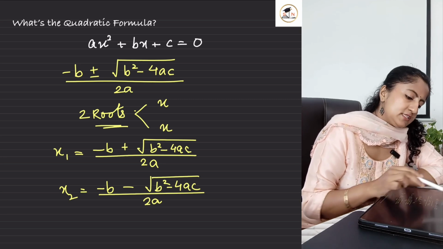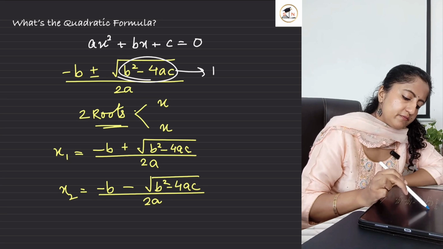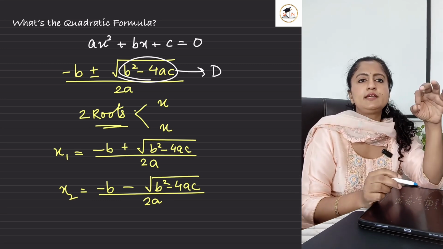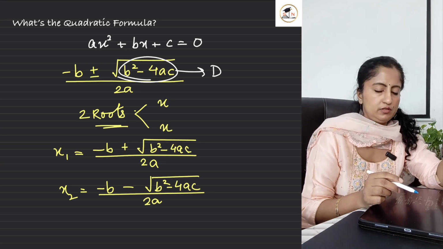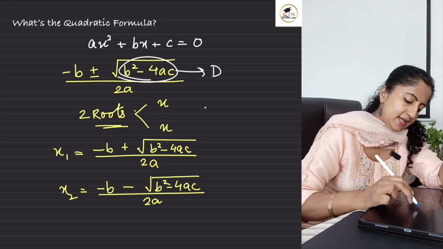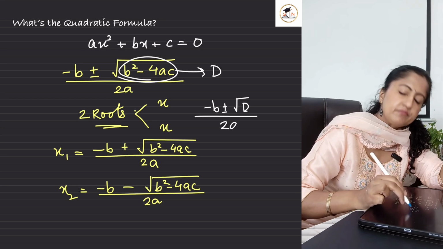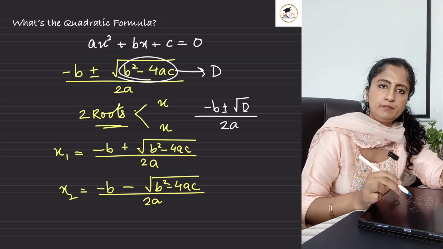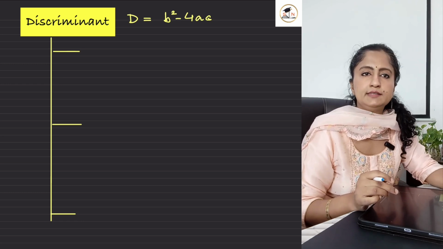I am referring to it as D: only the expression inside the root, not including the root. So I can refer to the formula as minus b plus minus square root of D, whole over 2a. It means the same thing. Now, let's learn more about the discriminant.